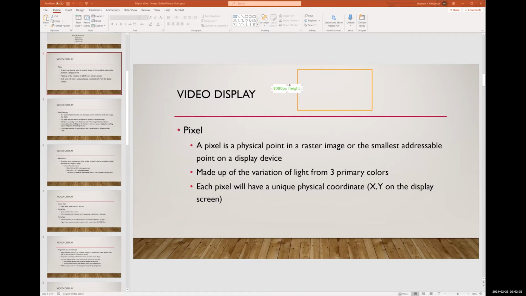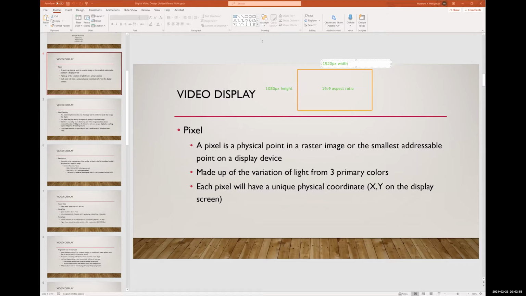And if we're talking about a 16:9 aspect ratio, then the complementary value of our width is 1920.